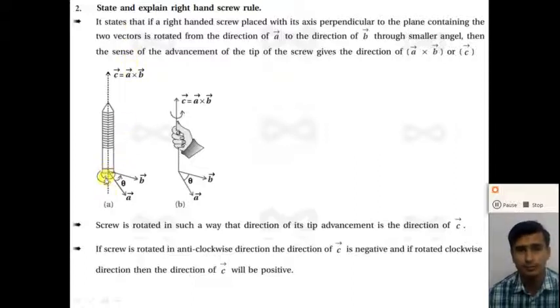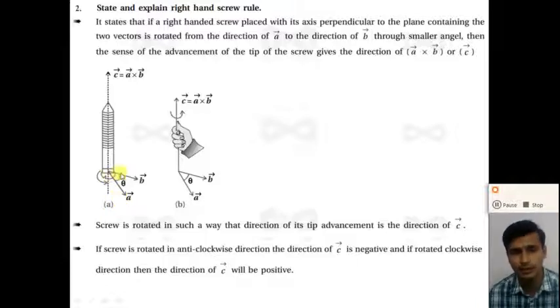Suppose the screw is moved in the direction of a cross b, right? From a to b, the screw moves in the upward direction, right? So the direction of a cross b is in the upward direction. But if you move the screw from b to a, the screw moves in the downward direction.